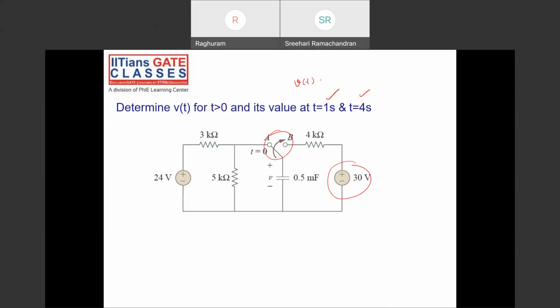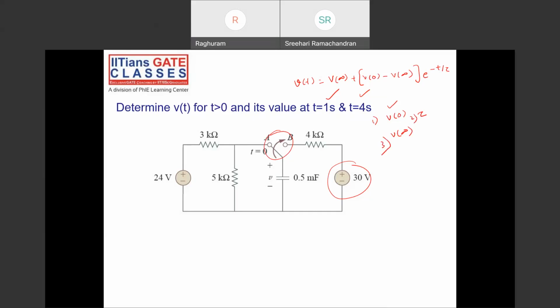V of t is equal to V of infinity plus V of 0 minus V of infinity into e power minus t by tau. Three steps: find V of 0, find V of infinity, find tau.